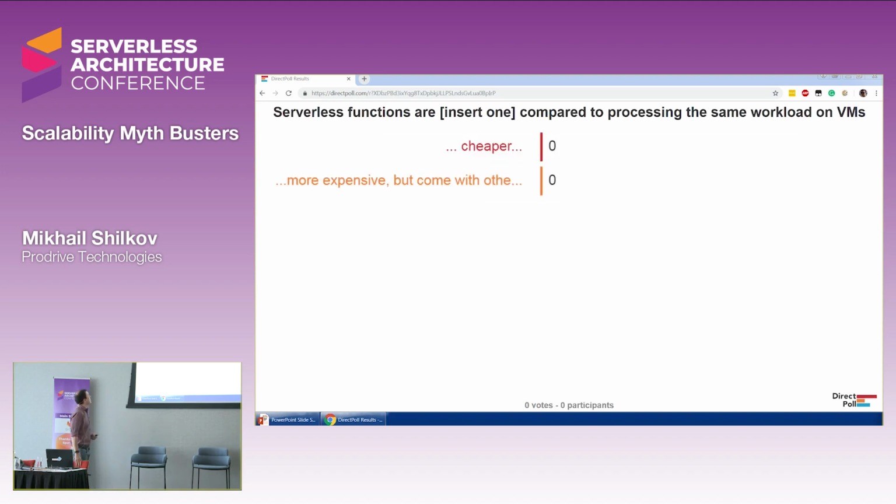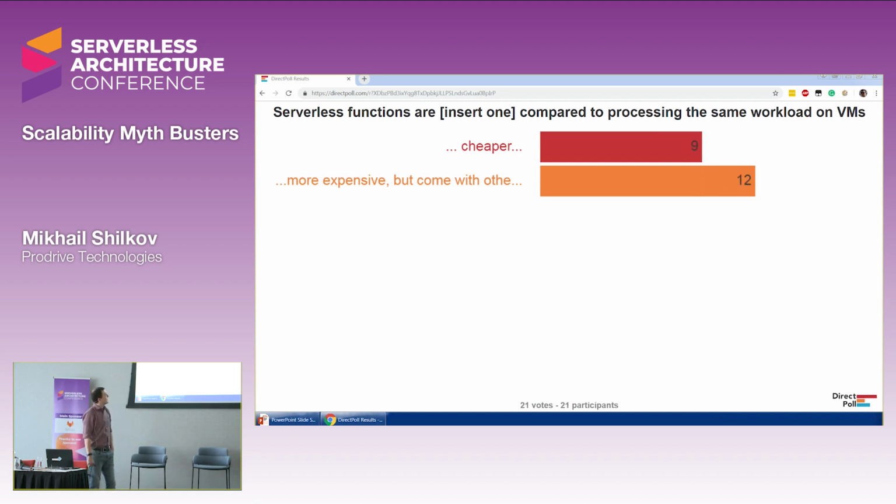Next question. Serverless functions are either cheaper or more expensive but have benefits compared to processing the same workloads on the VM. I see. Yeah, the other is unfortunately cut out, but it has other benefits, advantages. Okay, no, not sure.